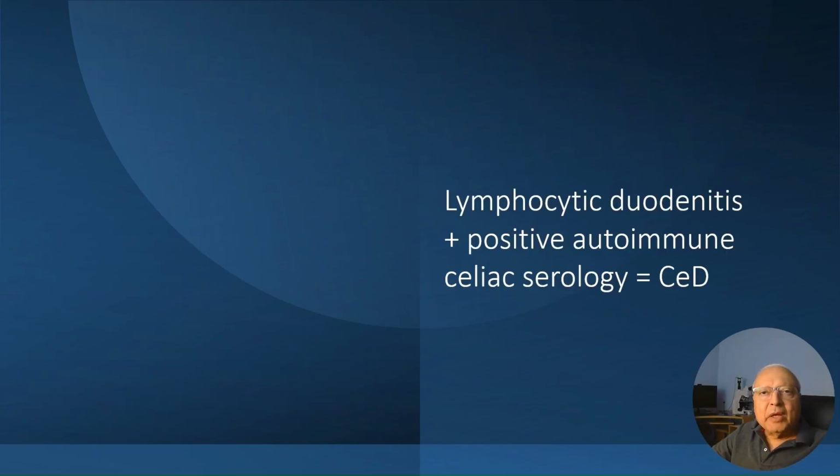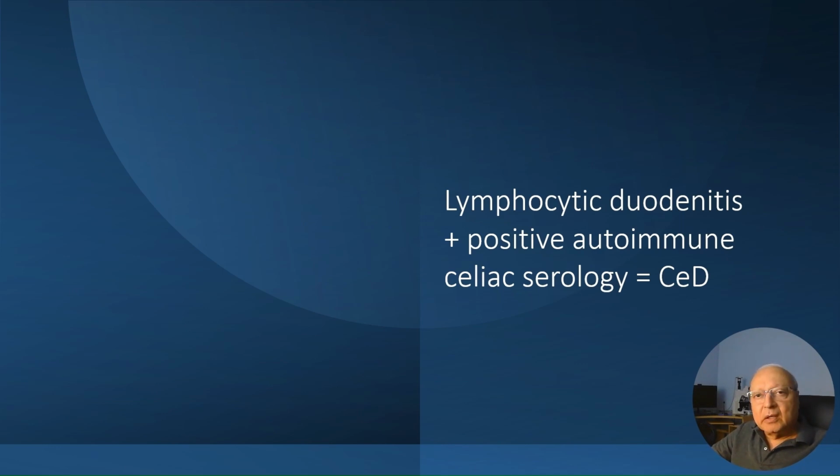Also, the main histological finding in celiac disease is lymphocytic duodenitis, which means increased intraepithelial lymphocytes in the duodenum with some component of chronic duodenitis that may or may not have shortened villi.